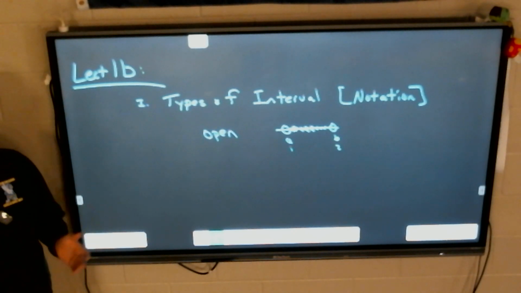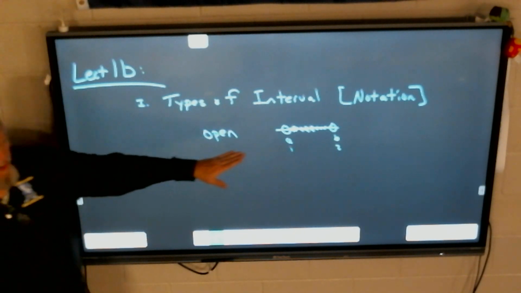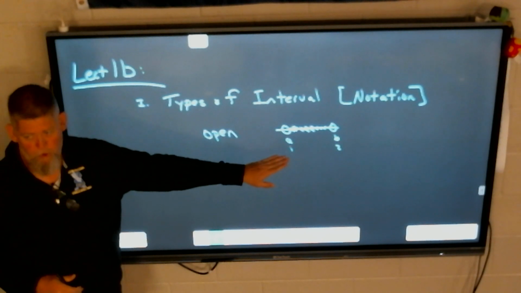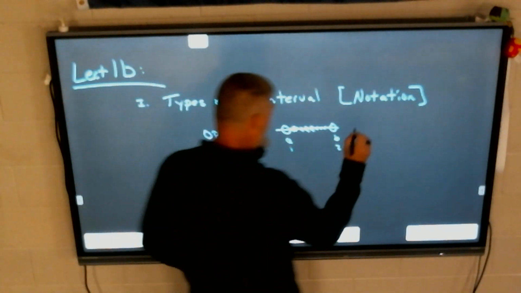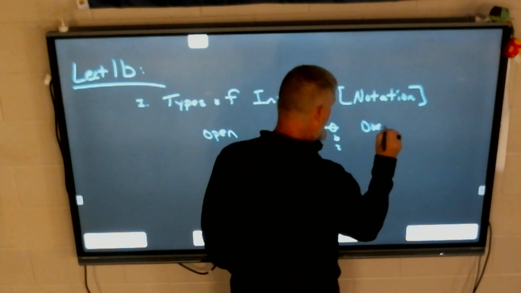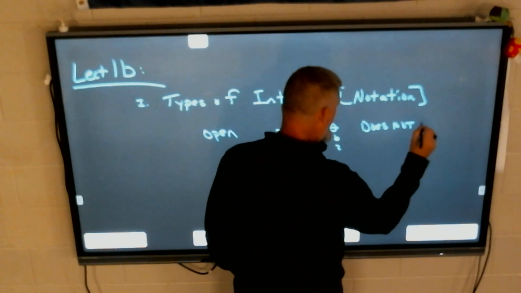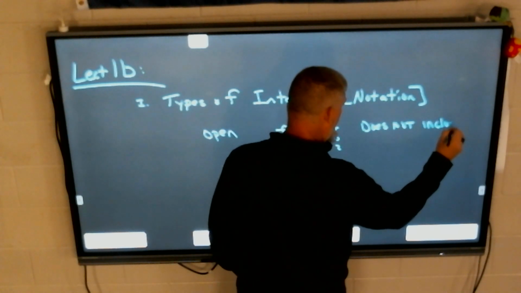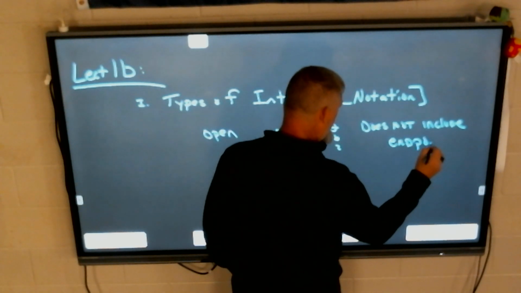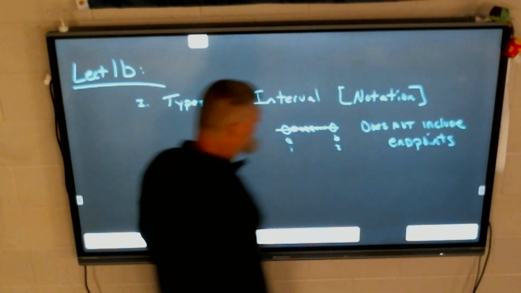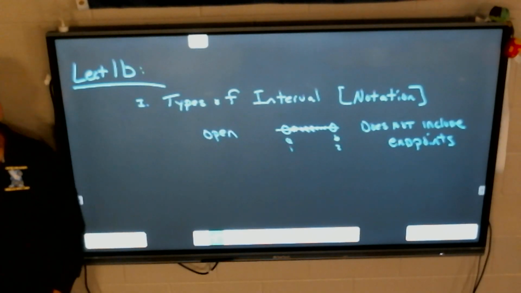It actually is going to stop. Does the answer include A, or does the answer include 1? No. No. It does not include endpoints. Okay, so an open interval does not include the endpoints.